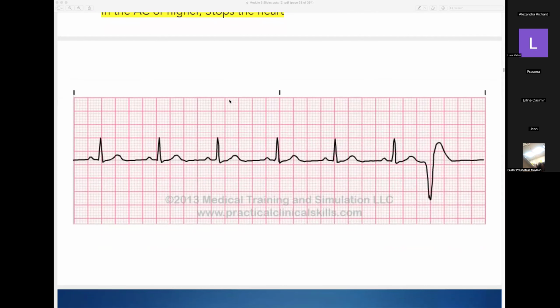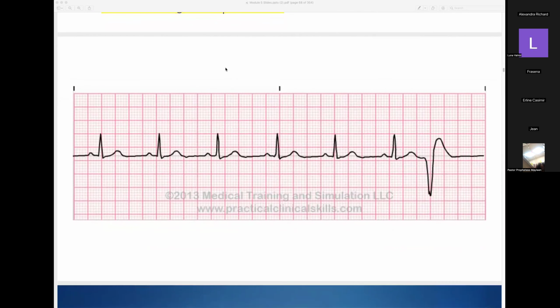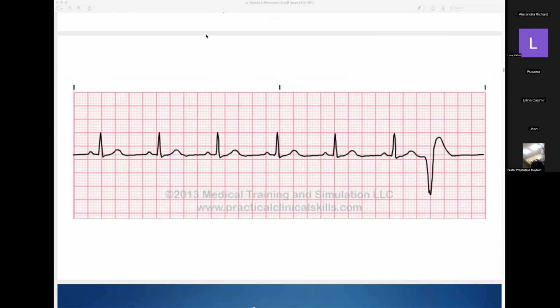All right. Everyone look at this EKG and tell me what sticks out to you as different. What seems abnormal to you?